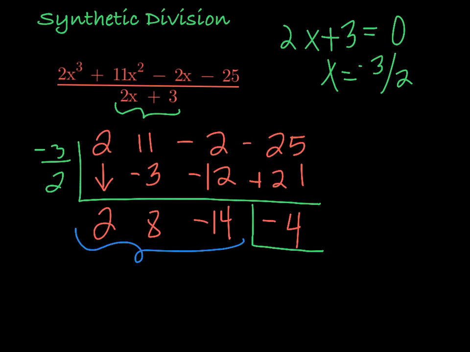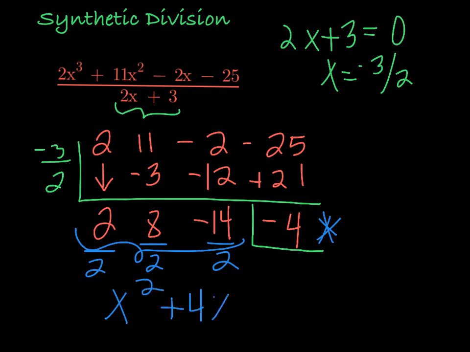You can do it at the very end if you would like, but this time you don't have to worry about dividing your remainder because it's done already. So if I divide everything by 2 now, it will be x squared plus 4x minus 7 minus 4 over 2x plus 3. So now I don't have to worry about doing anything special at the very end.